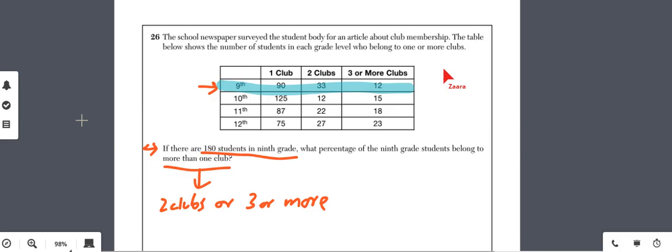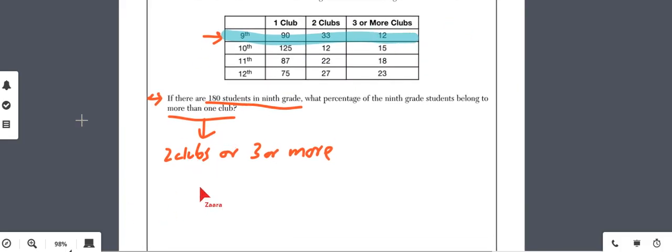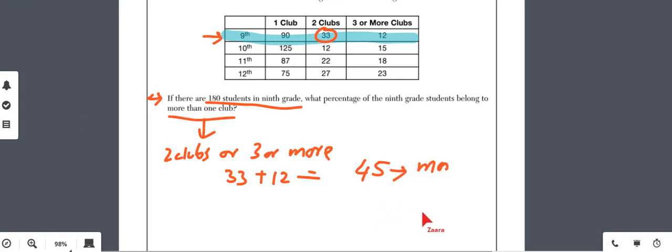Is it clear? So, how many students belong to two clubs? There are 33 students who belong to two clubs, and 12 students belong to three or more clubs. So in total, 45 students belong to more than one club.